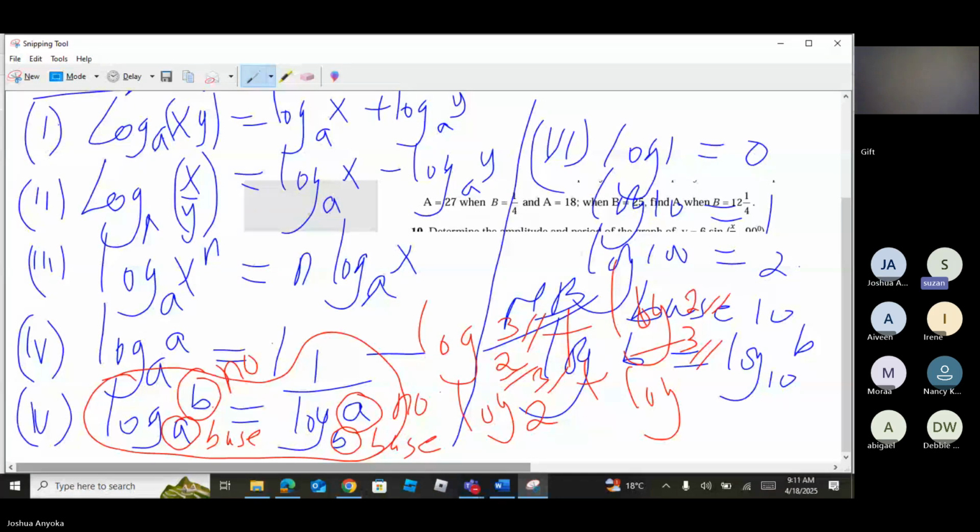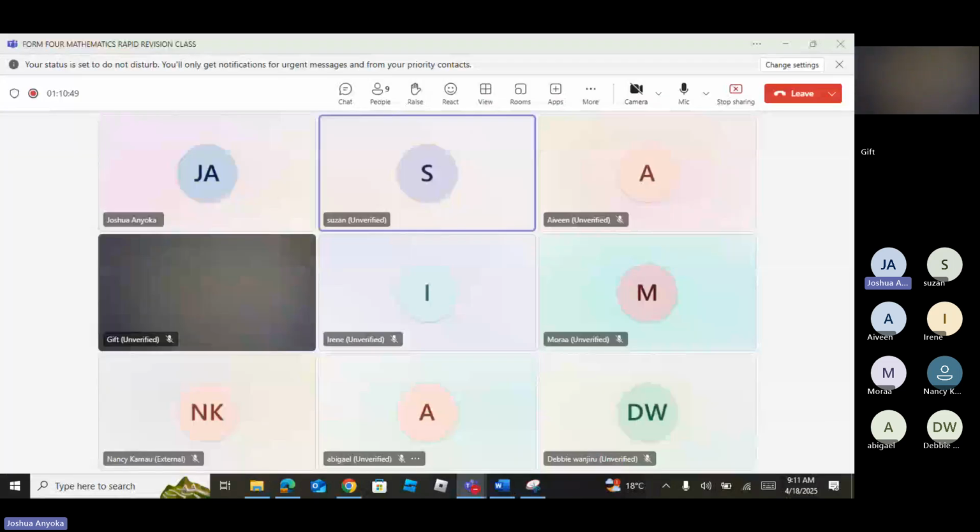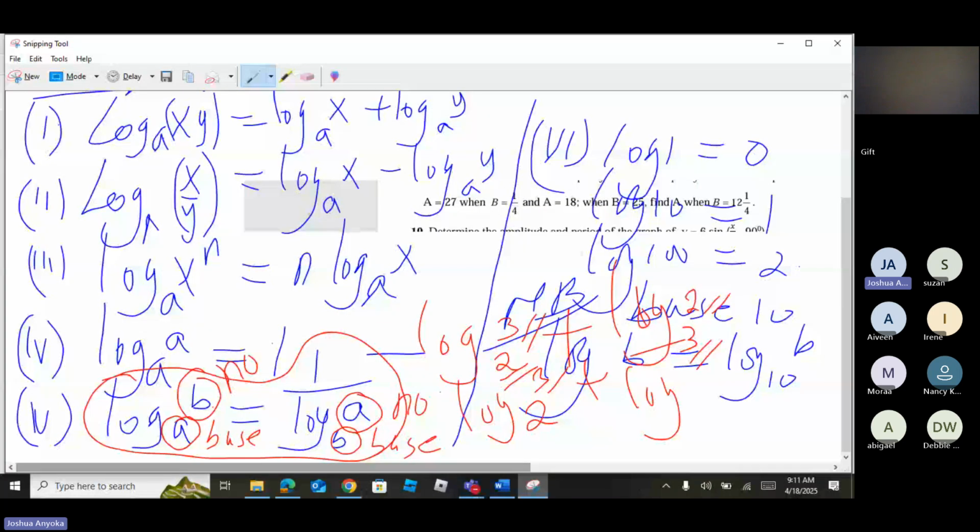Yes, I'm back. So I'm trying to say that this law can also work even nowadays. When you find that the expression you have, the base and the number are interchanged, so we want to say logarithm of 2 to 3, but now 1 over, so that now we can proceed from there.